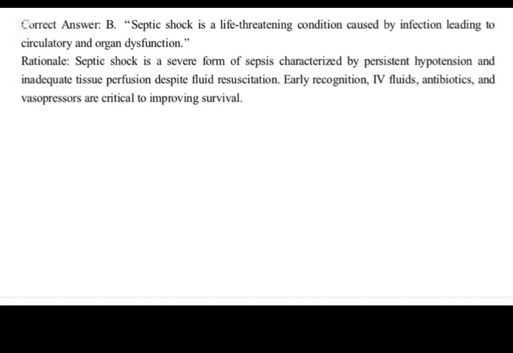Correct answer, B. Rationale: septic shock is a severe form of sepsis characterized by persistent hypotension and inadequate tissue perfusion despite fluid resuscitation. Early recognition, IV fluids, antibiotics, and vasopressors are critical to improving survival.